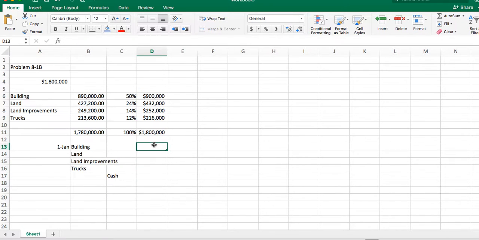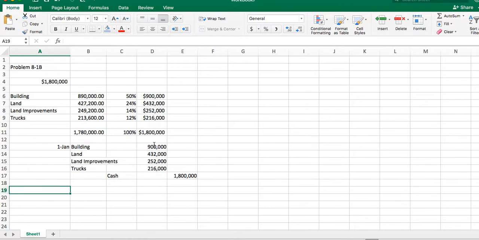So the building goes on the books at $900,000, the land at $432,000, the land improvements $252,000, and the trucks $216,000, and cash went out of $1.8 million. So that's the journal entry for the lump sum purchase.